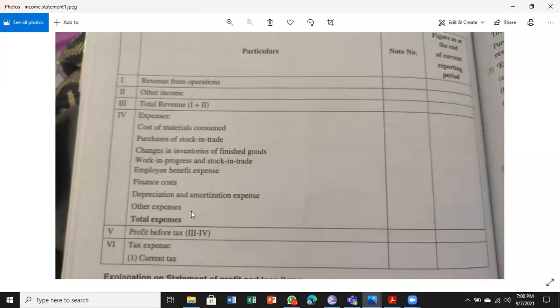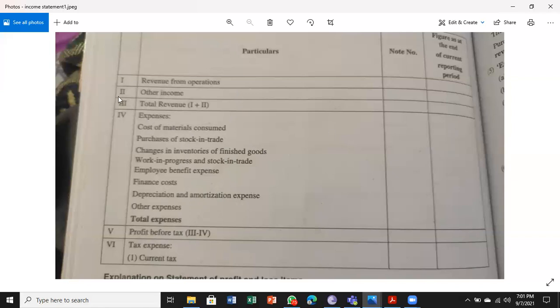So we will prepare short notes. We put the information under all headings. It's not one item. Under material consumed, you may have 10 items. Under finance cost, you may have 4 or 5 items. Employee benefit may have 4 or 6 items. So we have to write that total and put it over here.